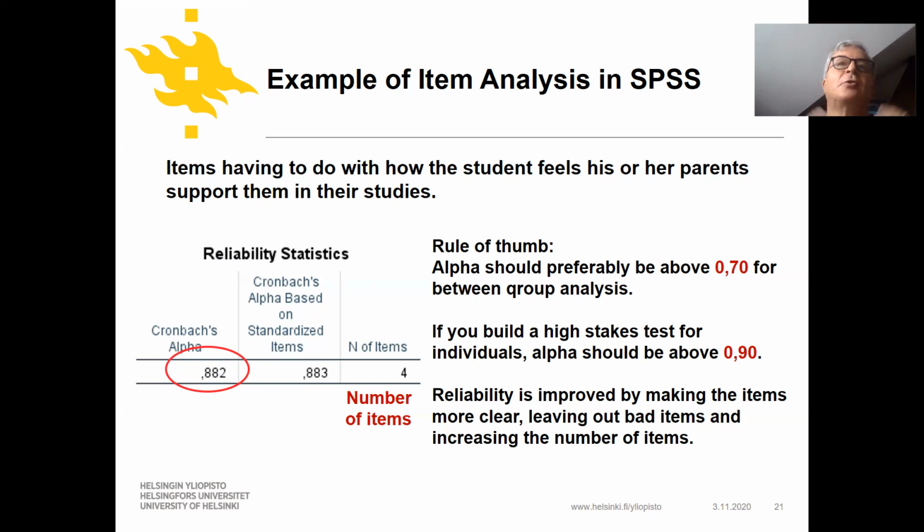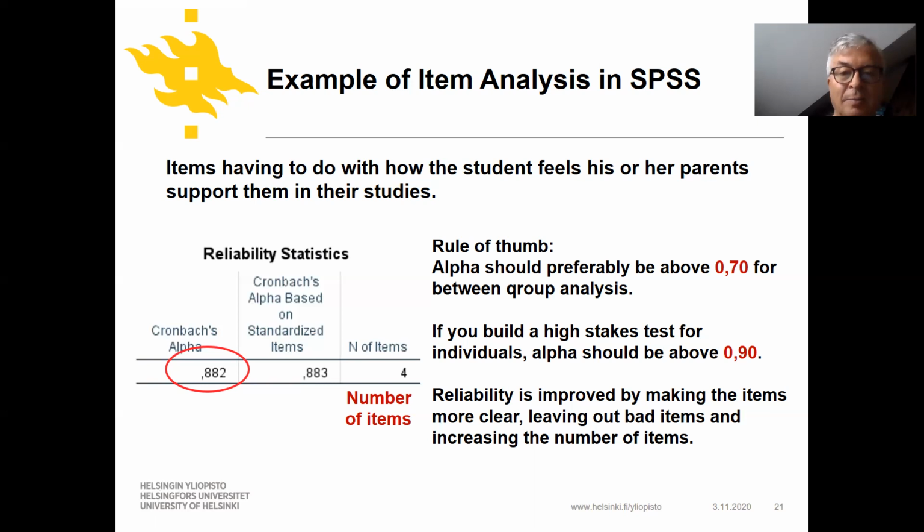That would be group level, so boys, girls, group level analysis, or all the students, correlating this with that. If we have a group level analysis, like a t-test, it already tells us the significance of the result. So you can have a relatively low Cronbach's alpha and still be quite okay with the results that you then produce with this scale. So 0.7 would be quite nice.